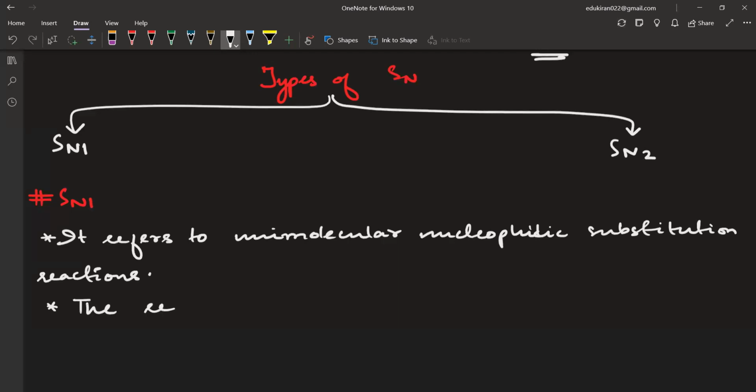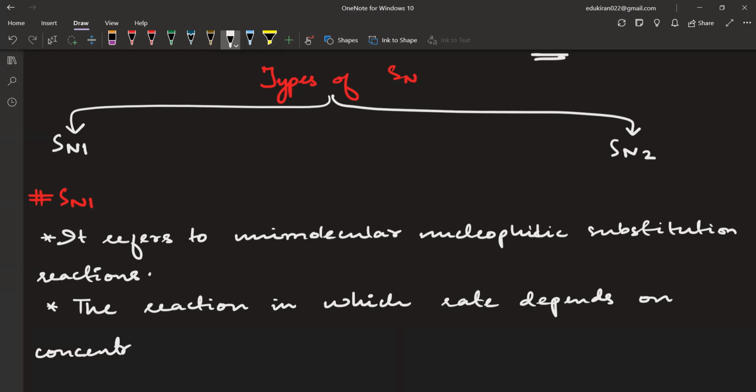If they ask you to define Sn1, you will write this statement. The reaction in which the rate depends on the concentration of substrate only.